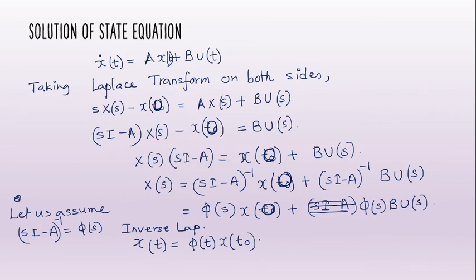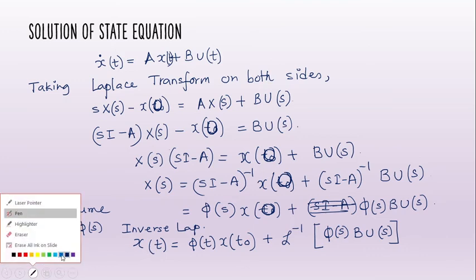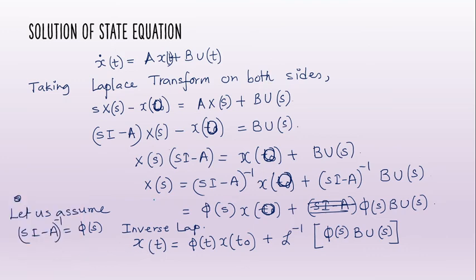As I don't know the nature of this matrix, I am writing it this way: Laplace inverse of phi(s) B U(s). So this is the solution of the state equation.